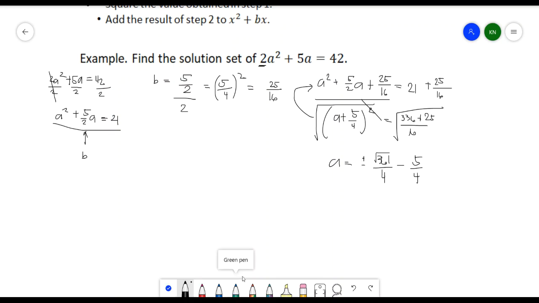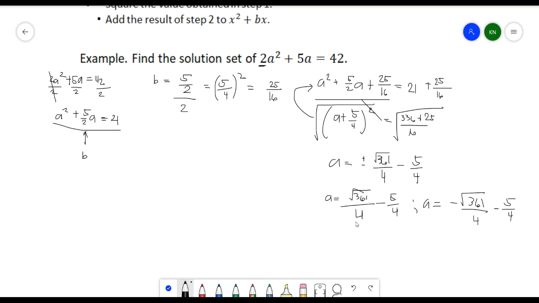But we just need to check first if they are really the solution set. So again, we have a equivalent to positive square root of 361 over 4 minus 5 fourths, and we also have a equivalent to negative square root of 361 over 4 minus 5 over 4.